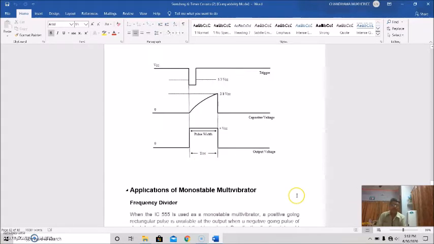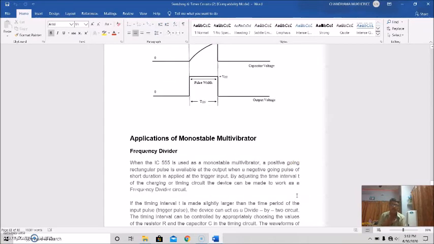Now we'll discuss the application of the monostable multivibrator as a frequency divider.